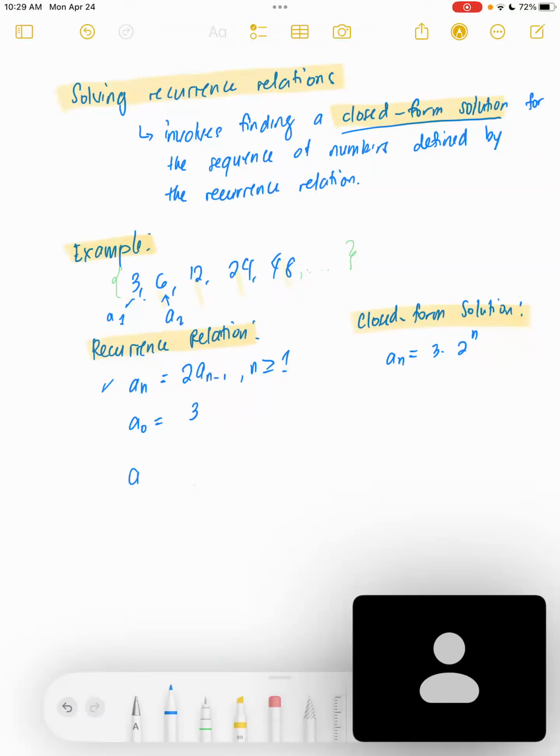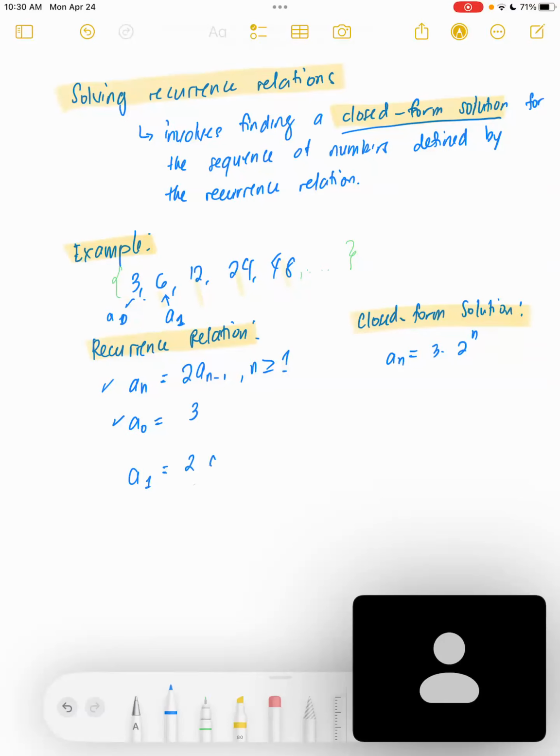So we have the a sub 0 here, which is equal to 3. Okay, so in order for us to get a sub 1, sorry, this would be a sub 0, and this should be a sub 1.